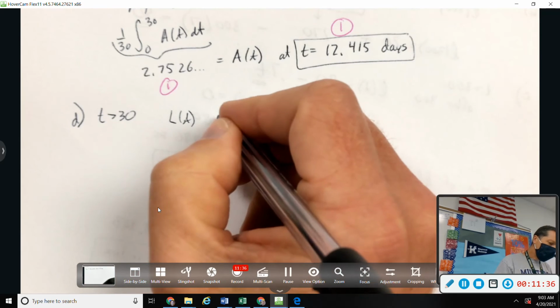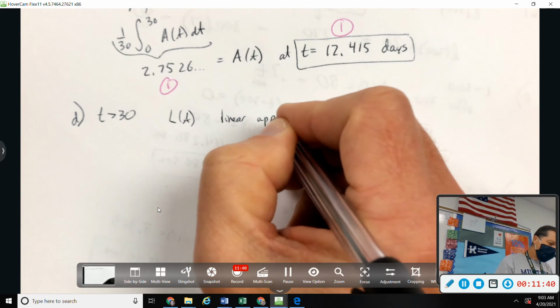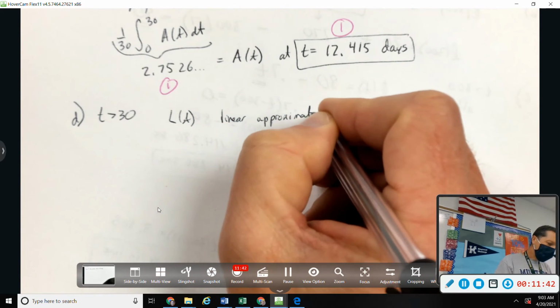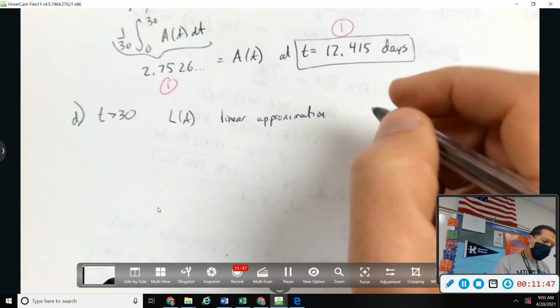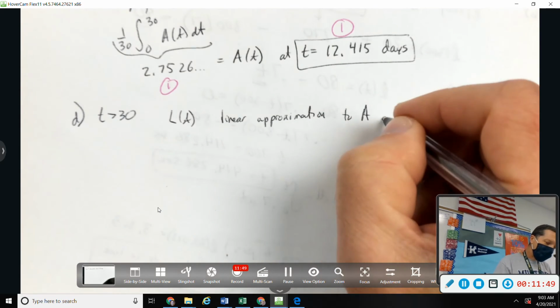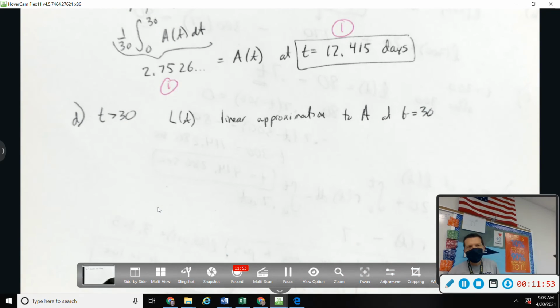L of t is some linear approximation to a at t equals 30. So I want to write a line that picks up kind of where a leaves off.